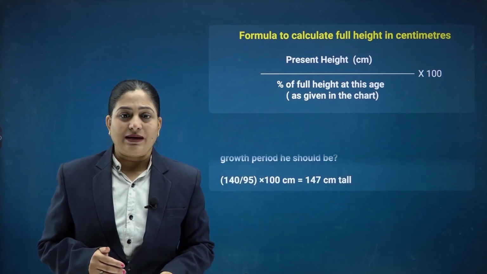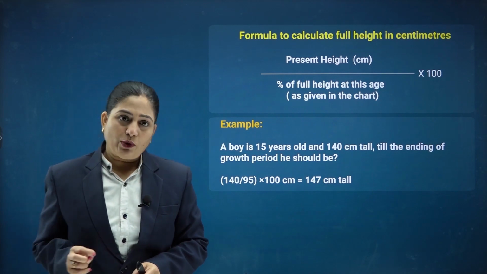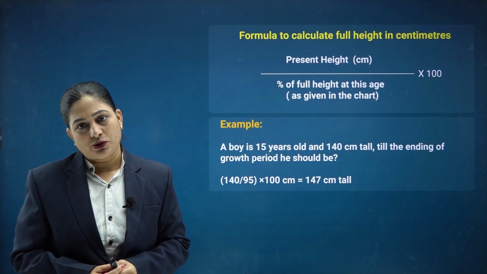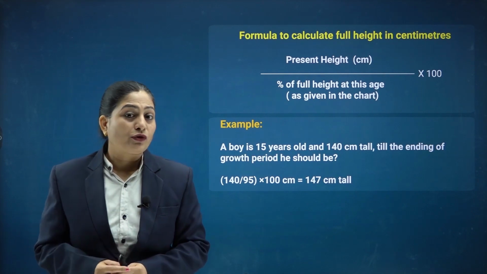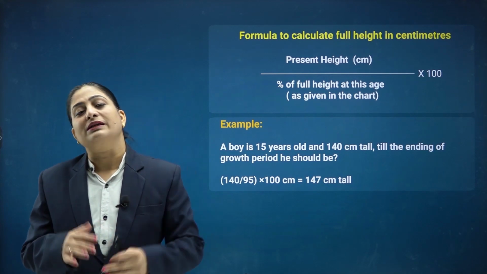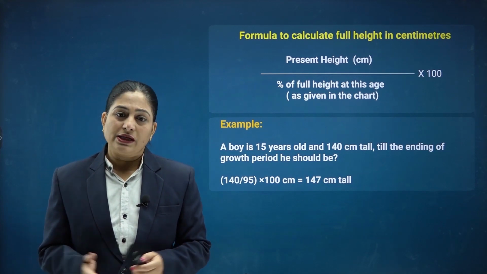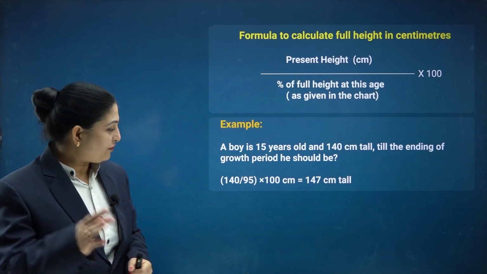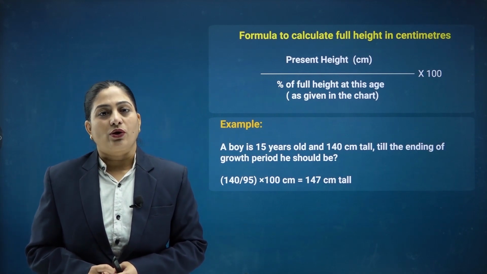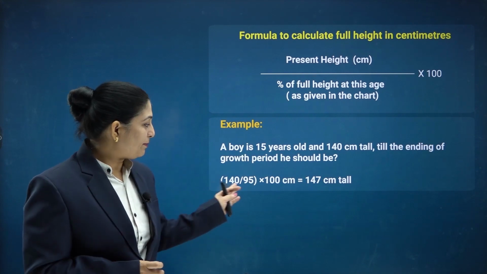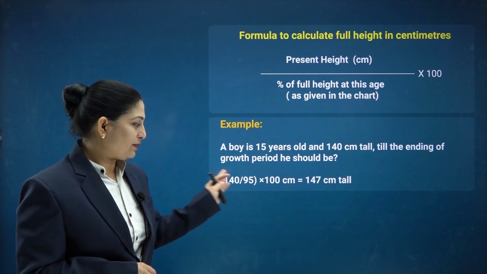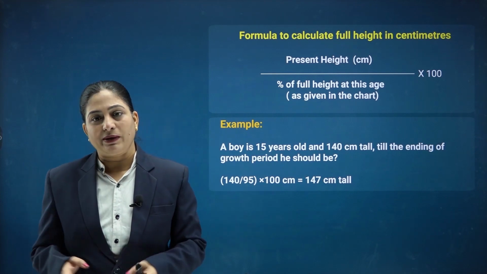So let us see an example of how we can find it. Suppose a boy is 15 years old and his height is around 140 centimeter. By the end of the growth period, around 18, when he has attained 100% of height, what should be the final height? At 15 years we can see from the chart that 95% height has been achieved, so we use the formula 140 divided by 95 multiplied by 100.